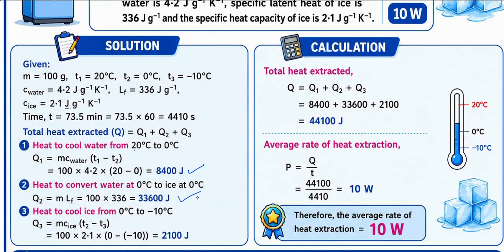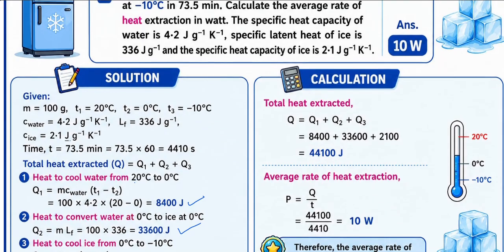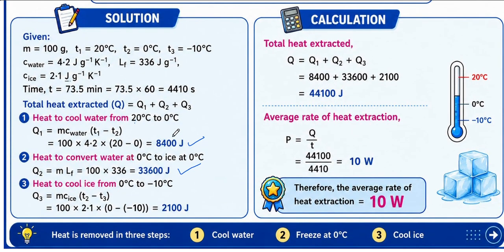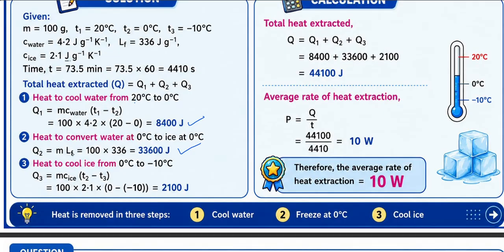Now water is converted into ice, but in the question it is clear: a refrigerator converts 100 gram of water at 20 degrees Celsius to ice at minus 10 degrees Celsius. So the final temperature is minus 10 degrees Celsius, and there will be a third stage of heat extraction. Now ice is at 0 degrees Celsius and the temperature will decrease to minus 10 degrees Celsius, so there will also be heat extraction.